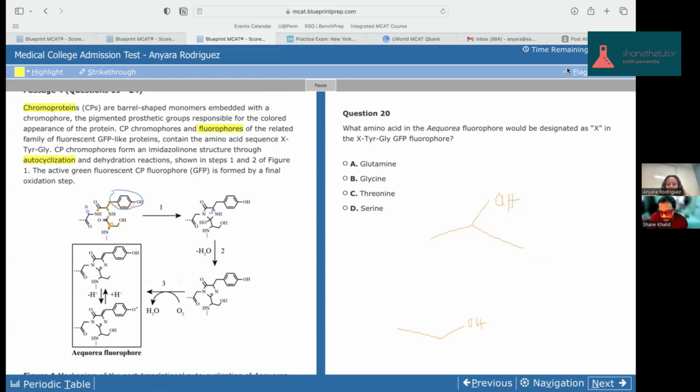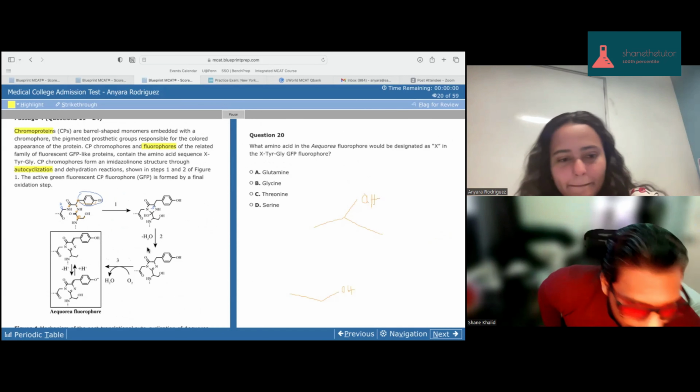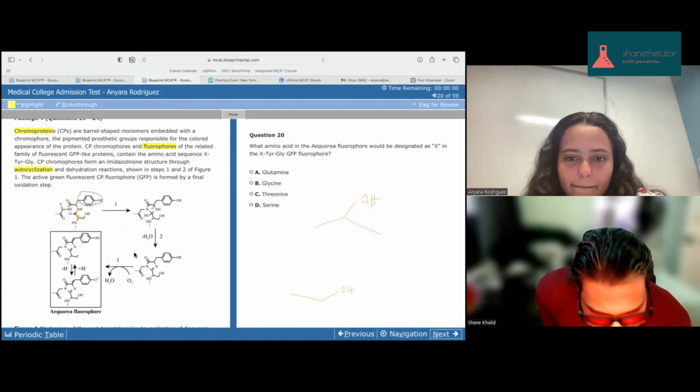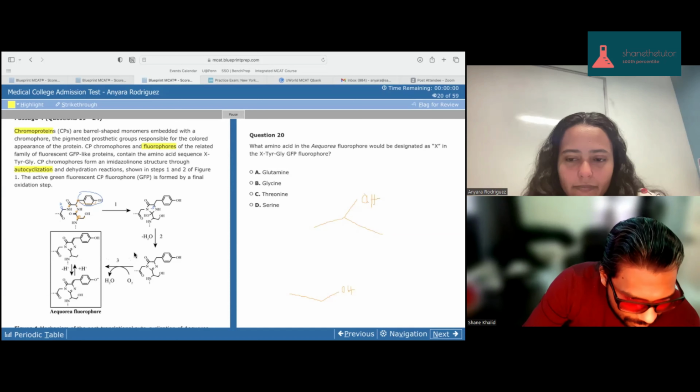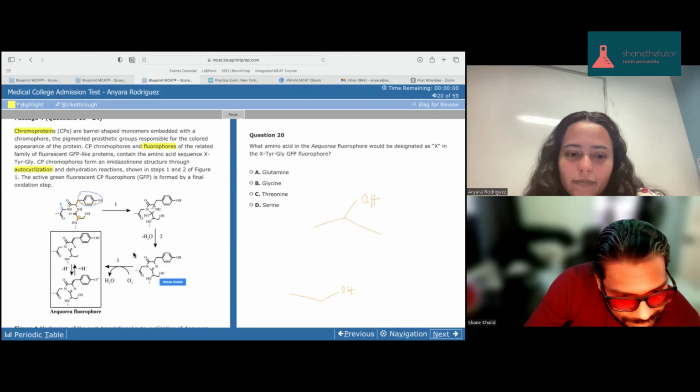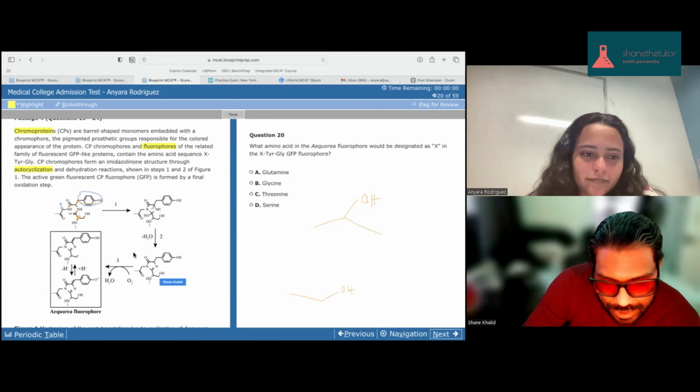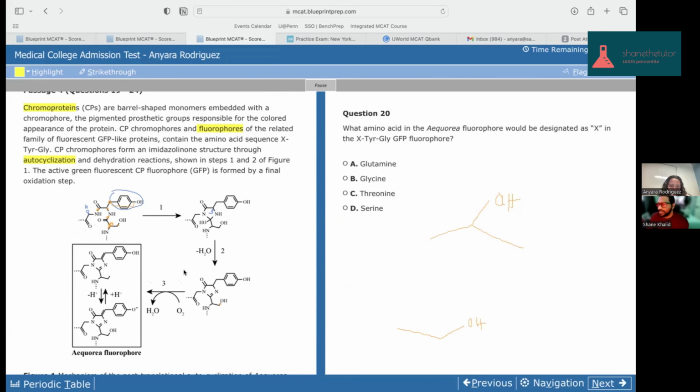Yeah, threonine is like a tree. So in this one, the OH group seems to be bound to that extra methyl, right? Like here. Yeah. So yeah, I think you're right with it being serine.